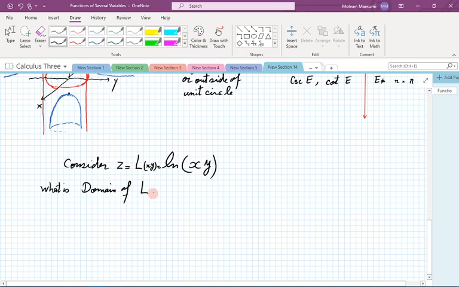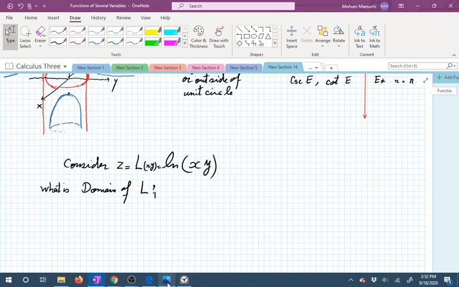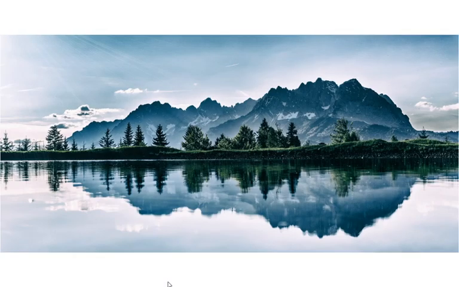Well, domain comes from the restriction of the logarithm. What was the restriction on logarithm? What kind of numbers can you not use in a logarithm?